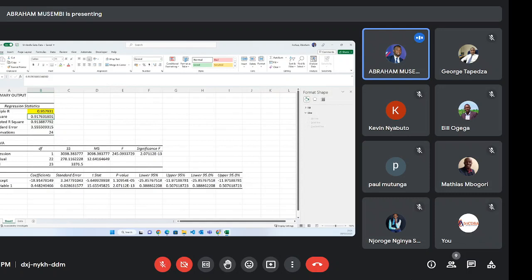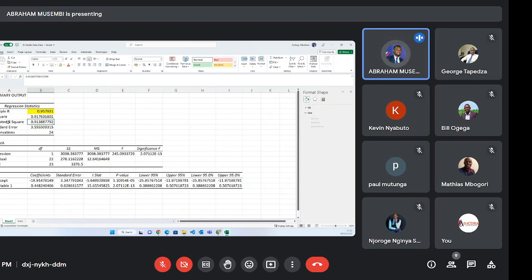Then we have the adjusted R, used when we are dealing with multiple linear regression. Then we have the standard error, or the vertical deviation.